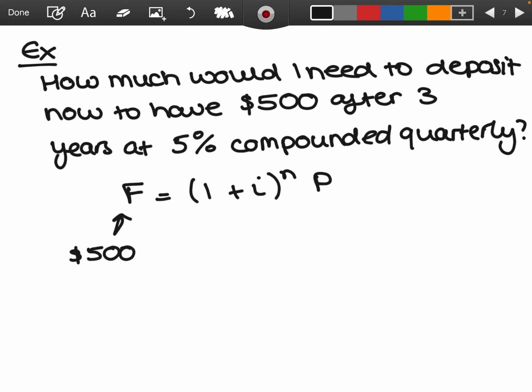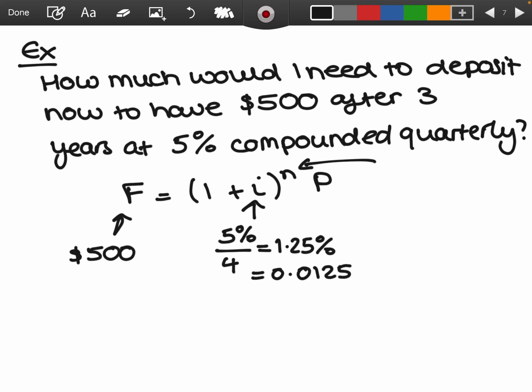Okay. My future value is $500. I is my interest rate per period. So I've got 5% compounded quarterly. So each period I'm looking at 1.25%, which as a decimal is 0.0125.